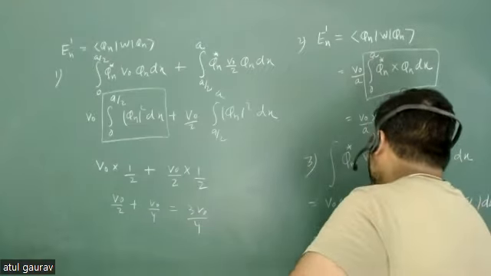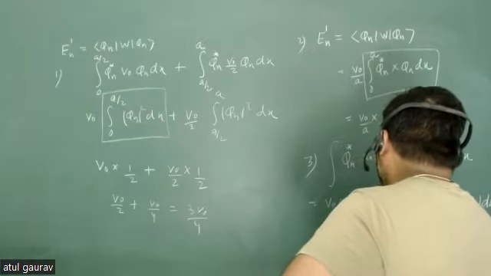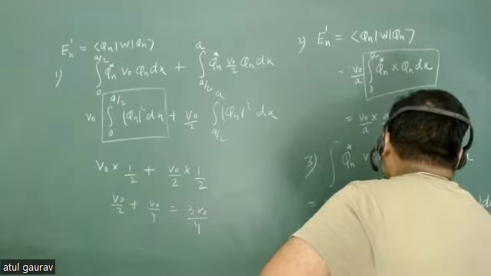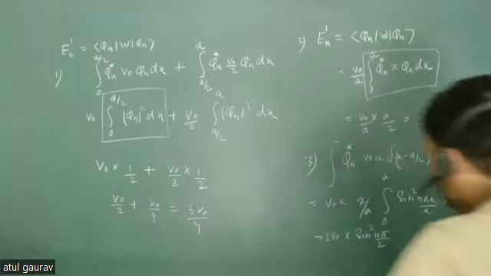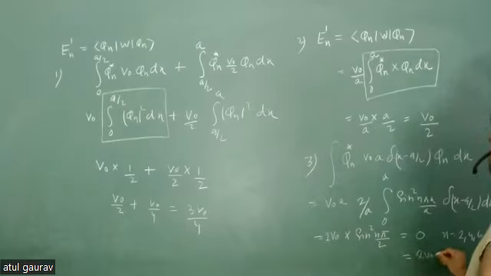So this value is V naught, A and A will be cancelled, 2 V naught into sine square n pi by 2, isn't it? And this value is equal to 0 for n equal to an even number, isn't it? And this value is equal to 2V naught when n is equal to 1, 3, 5.